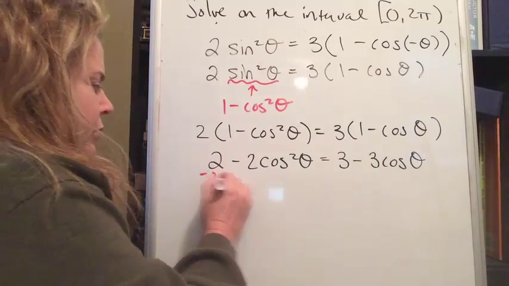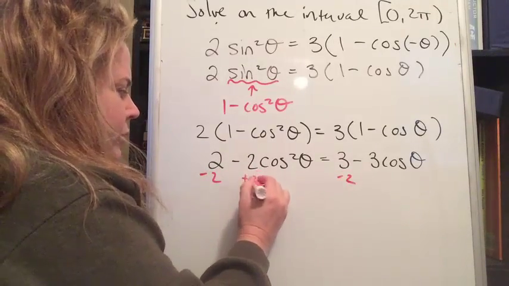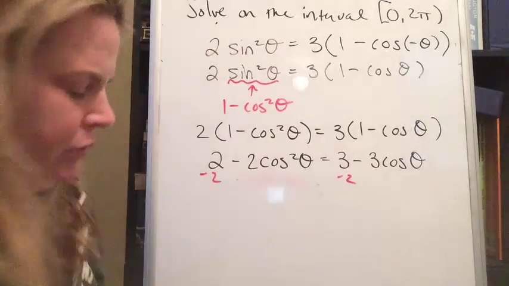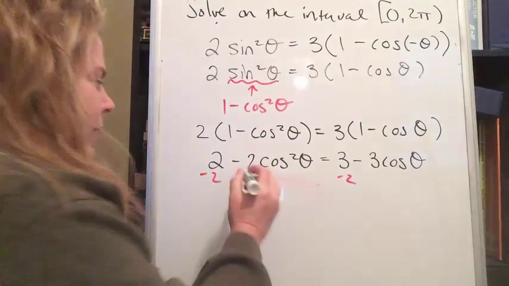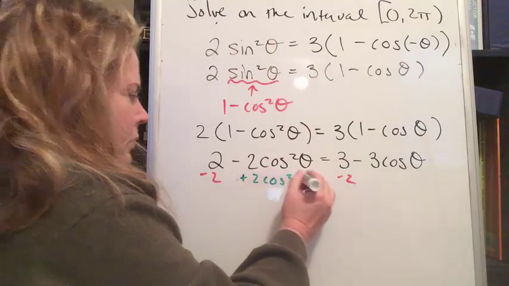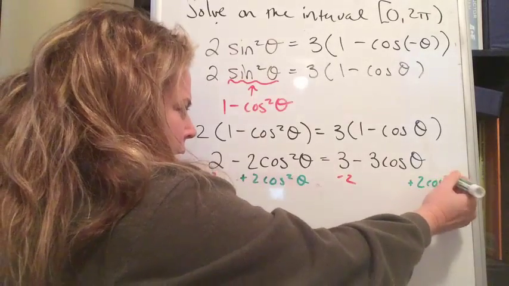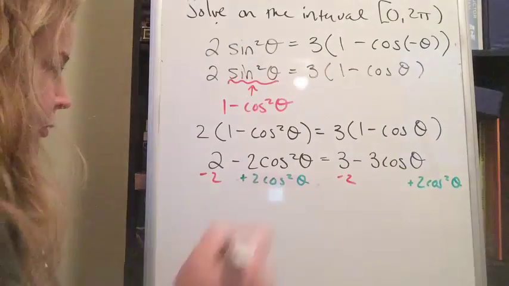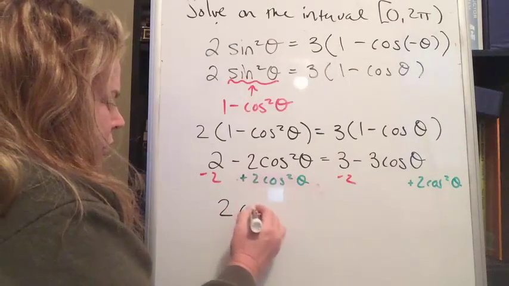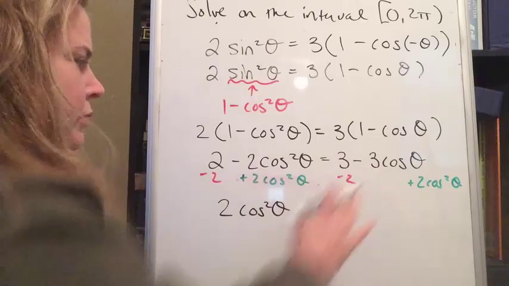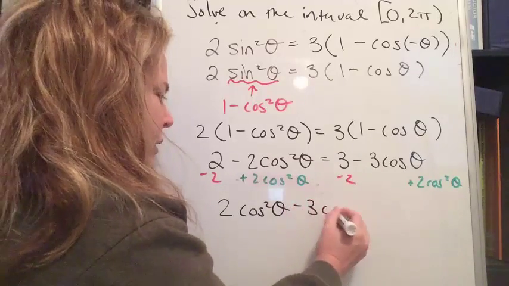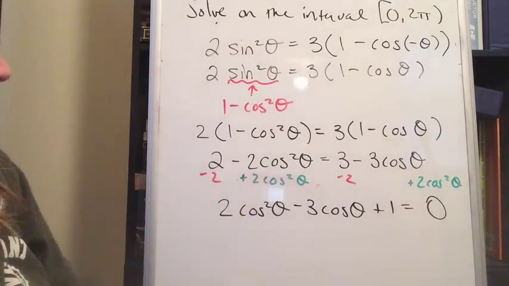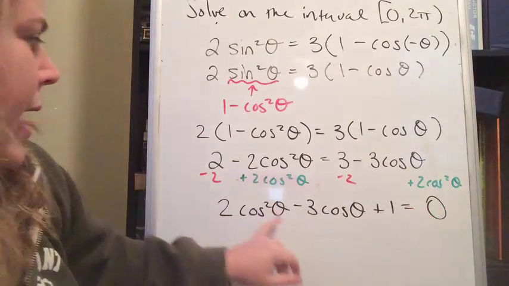I'm going to subtract the 2, and I'm going to add the 2 cosine squared. I'll write them in descending order of degree and put the 0 on the right, so it's going to be nice and pretty. So I have 2 cosine squared theta minus 3 cosine theta plus 1 equals 0.